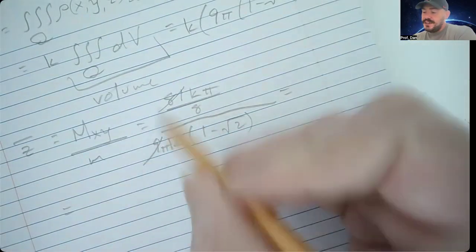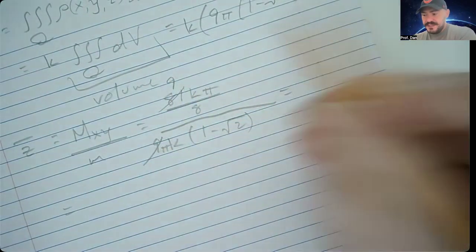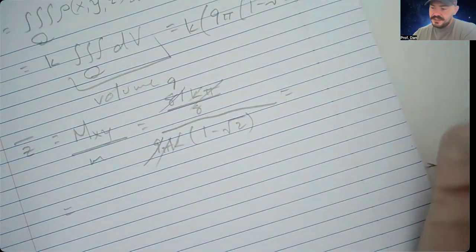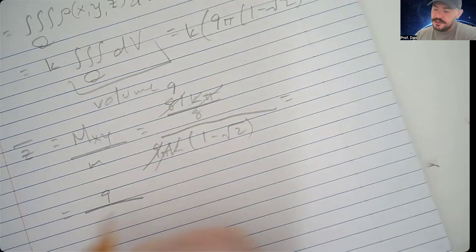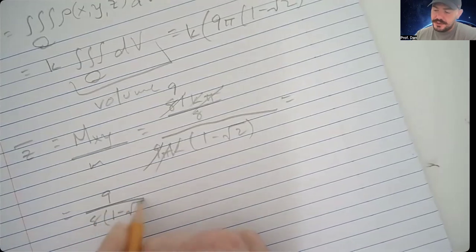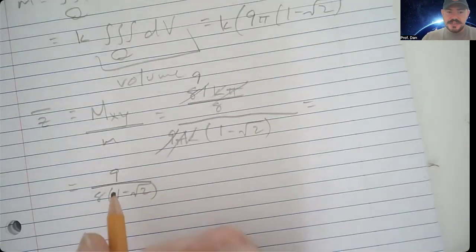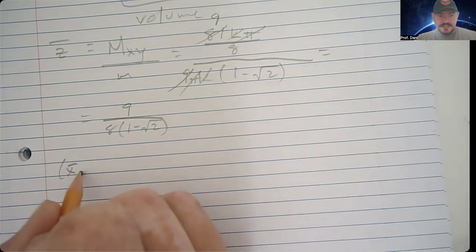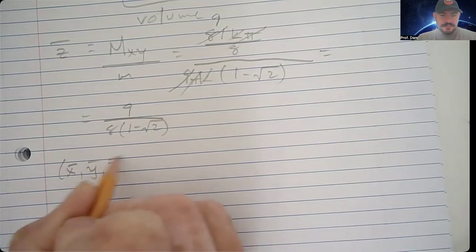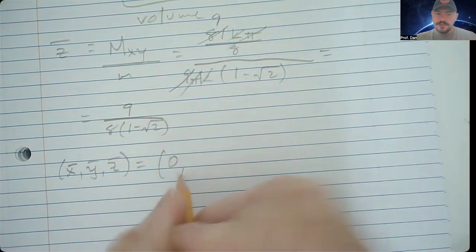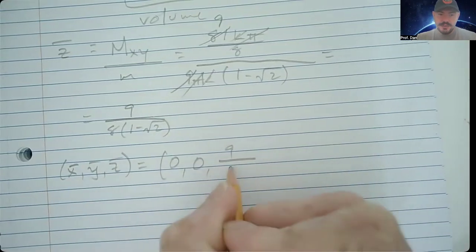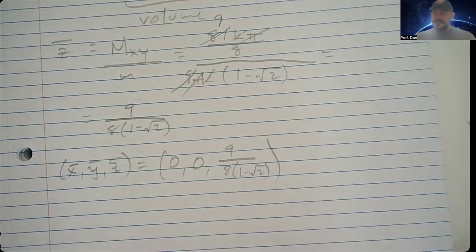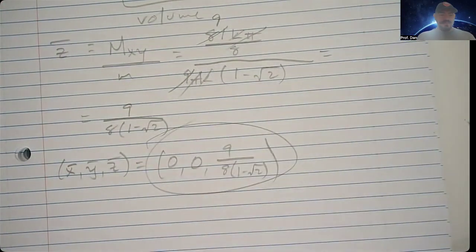First off, 81 over 9 simplifies to 9 over 1. Second off, k's are going to divide out. Third off, pi's are going to divide out. So I literally end up getting 9 over 8 times 1 minus the square root of 2 as my z coordinate, which means that my center of mass, x bar, y bar, z bar, is going to be equal to 0, 0, 9 over 8 times 1 minus square root of 2. And there we go. That's the center of mass.